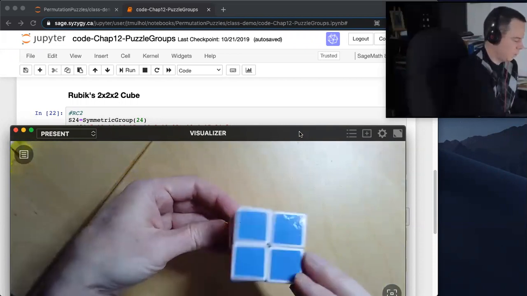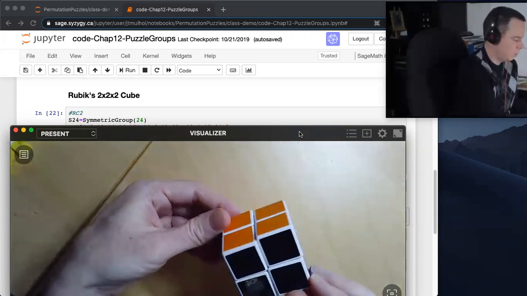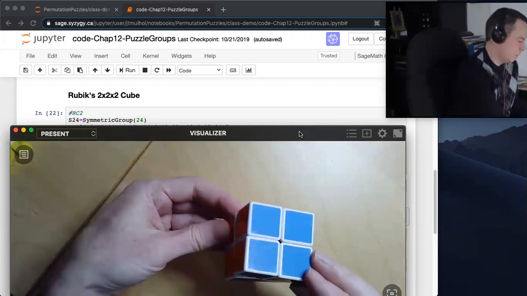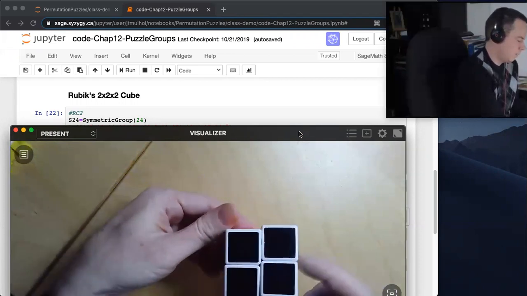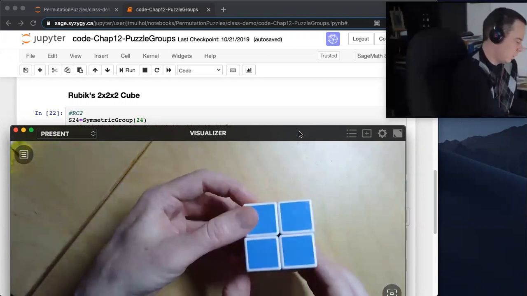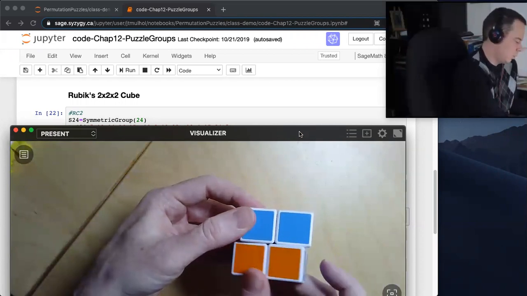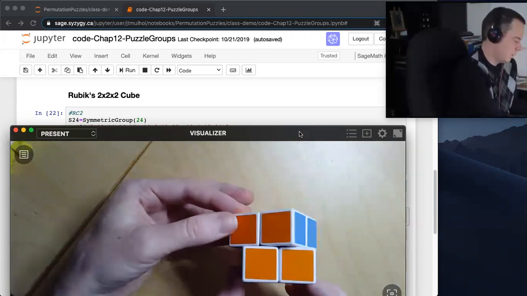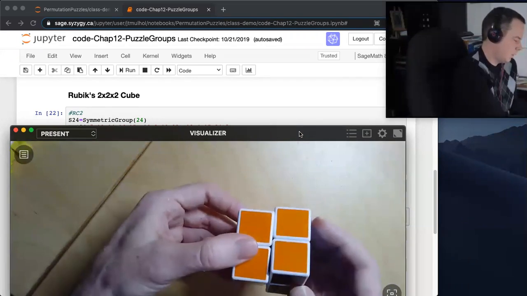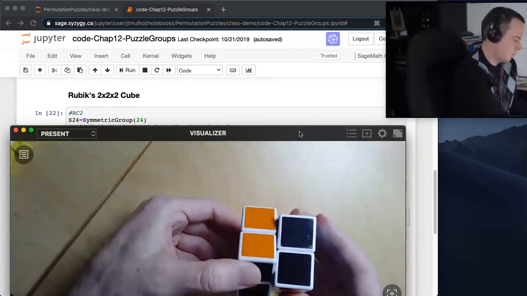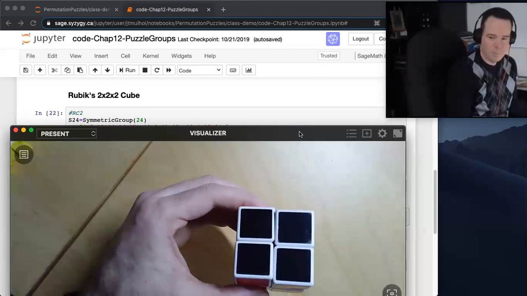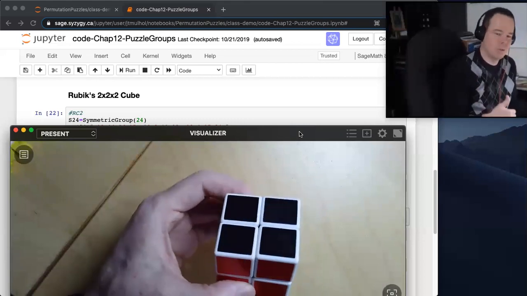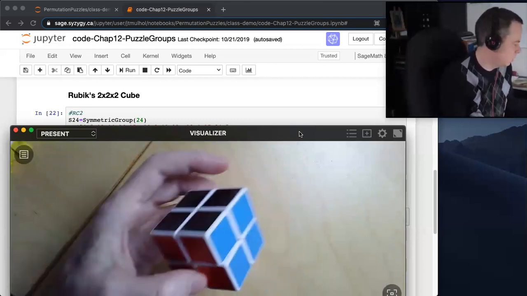That's a symmetry of the cube. Could I do that using cube moves? Well, that's going to put the blue face on the right side and the black face up top. So I can do that. I'll first put the blue face over on the side, doing cube moves, and then I'll put the black face up top, doing cube moves. And there we go. So I'm able to achieve symmetries of the cube using cube moves.